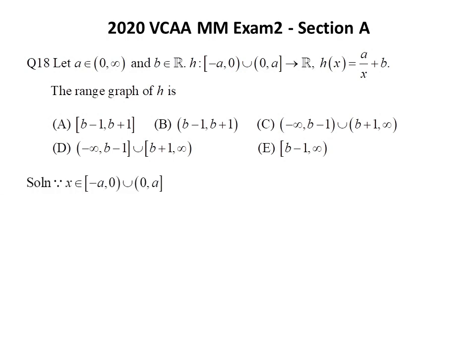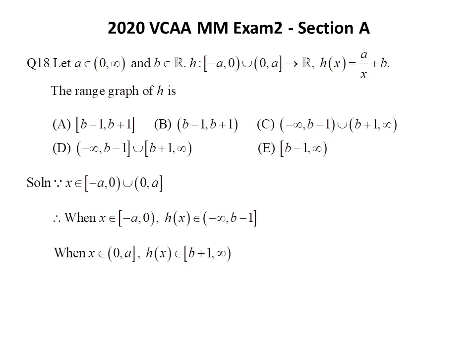Since the domain of the function h of x is within the closed interval from negative a to a except 0, when x is greater than or equal to negative a but less than 0, h of x is less than or equal to b minus 1.